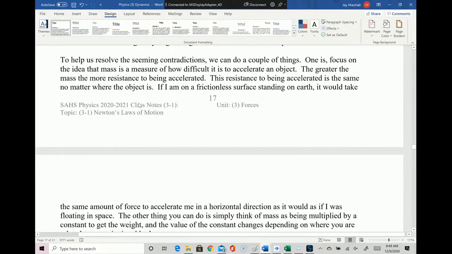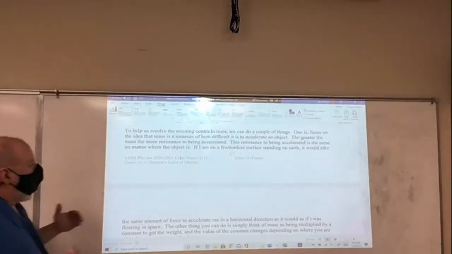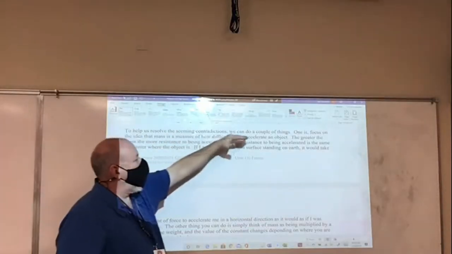One is focus on the idea that mass is a measure of how difficult it is to accelerate an object. Hopefully you've gotten that into your brain by now.